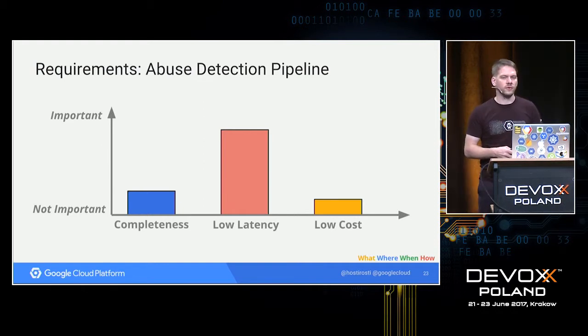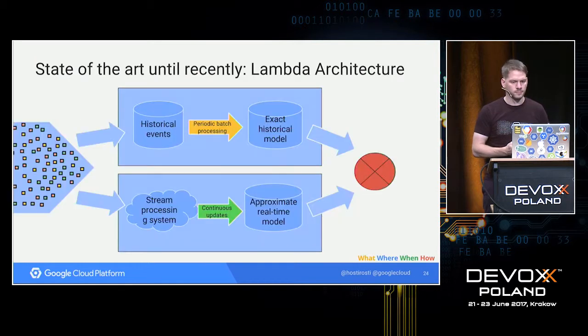You want to be quick to detect abuse, but you can have some false positives. Low cost is not important. The more money you can spend on this pipeline, the better your abuse detection system gets, and the more money you can save by preventing somebody from spending your money.